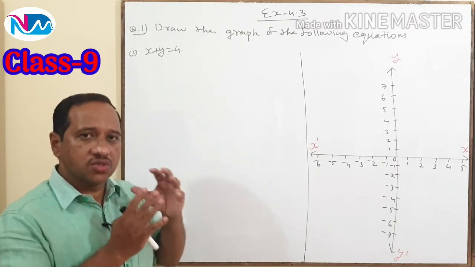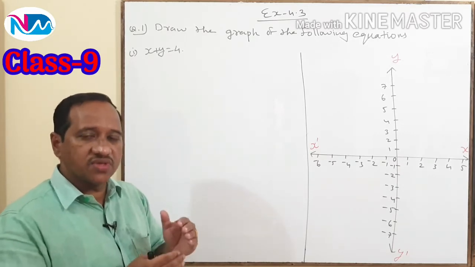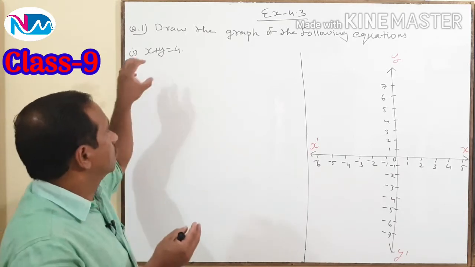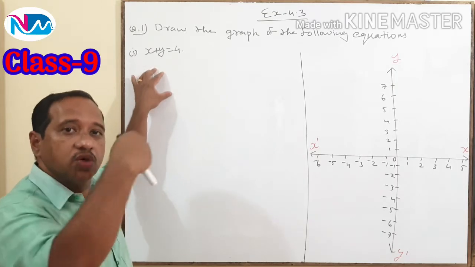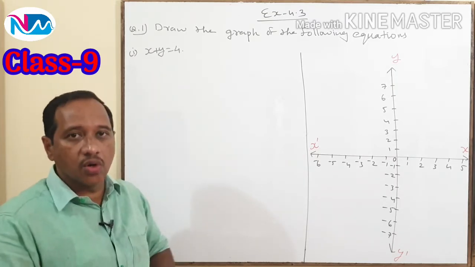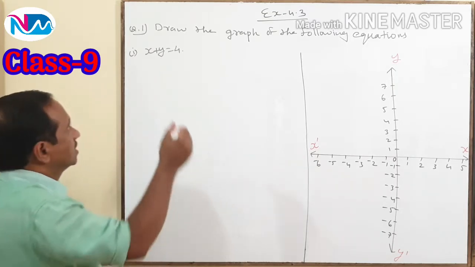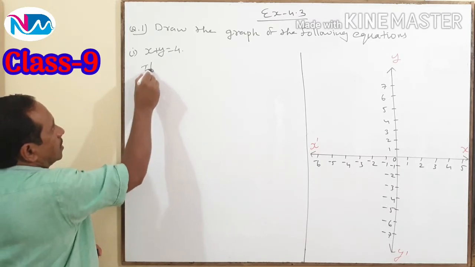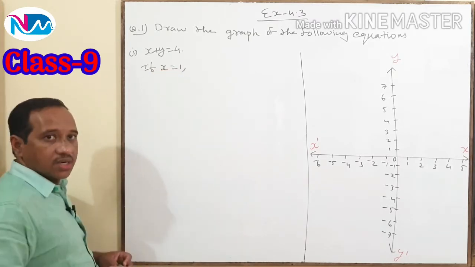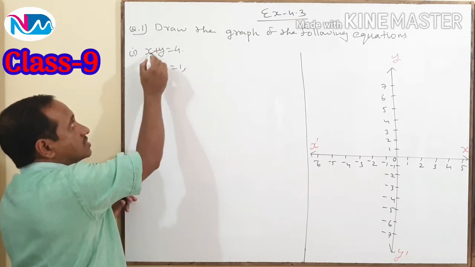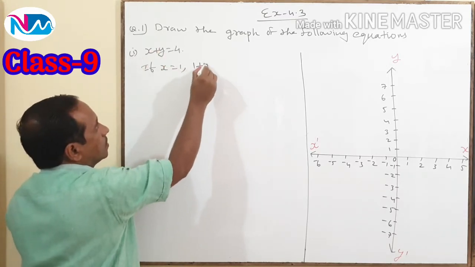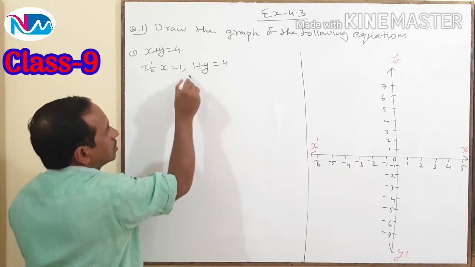To find the solutions, we can start with giving any value for x and substituting that value in the equation, you will get the respective value of y. That is, if x is equal to 1, then you substitute the value of x in the equation, you get 1 plus y is equal to 4.